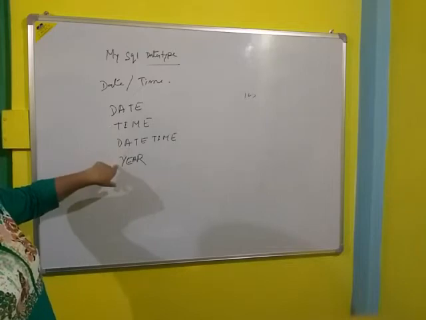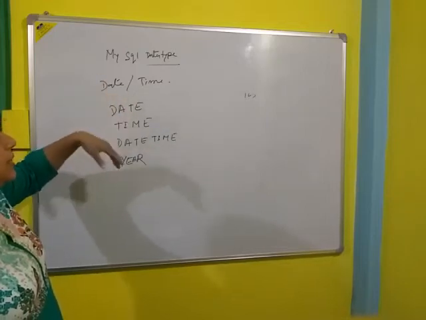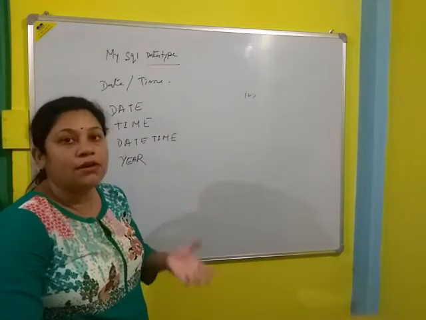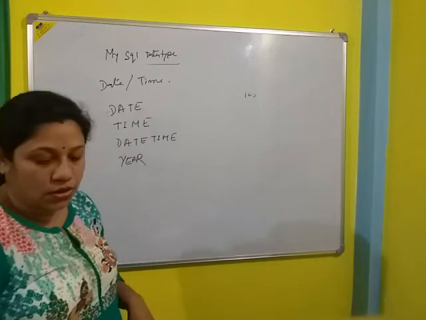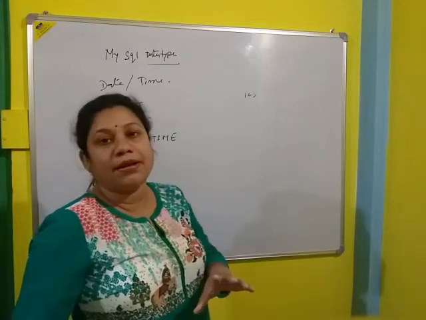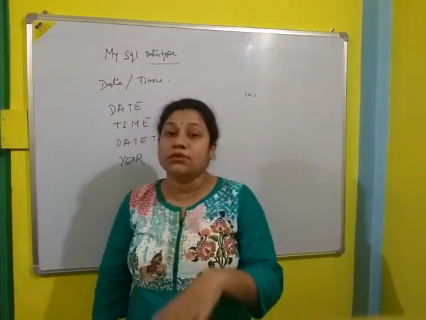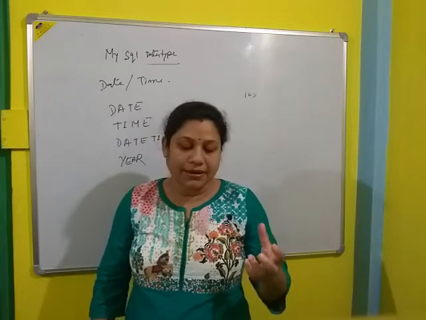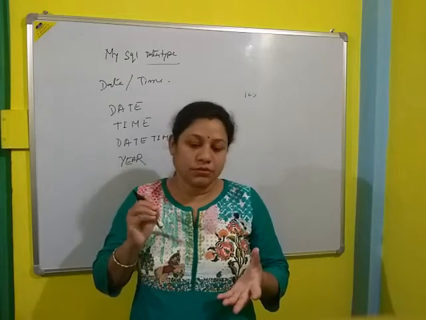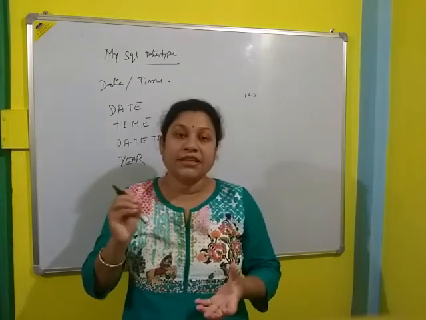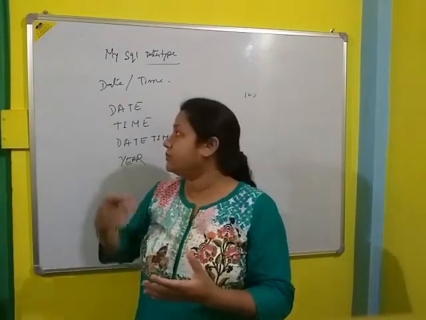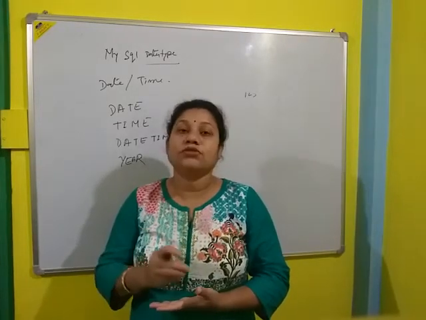These are used for entering date and time in a field of a table. These are very important. You read from the book and just remember the various types of data types and their use. No need to remember the length or the range of that particular data type. You just remember the need for these different data types and how to use them.